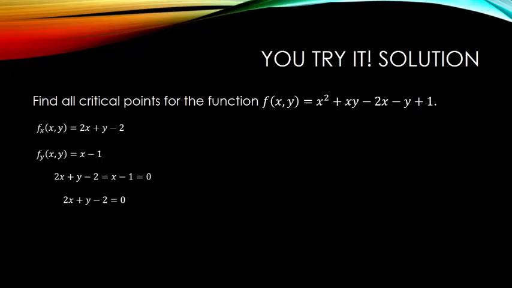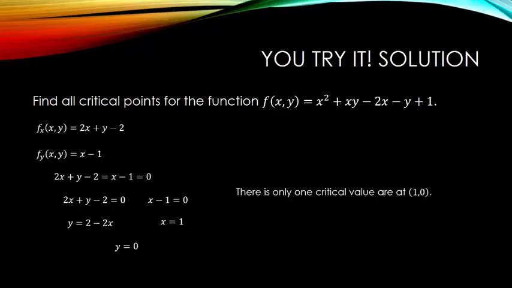So that 2x plus y minus 2 has to equal 0, meaning y is equal to 2 minus 2x, and x minus 1 has to equal 0, so that x is equal to 1. If x is equal to 1, y is going to be equal to 0. There is only one critical value here, and that is at the point (1, 0).